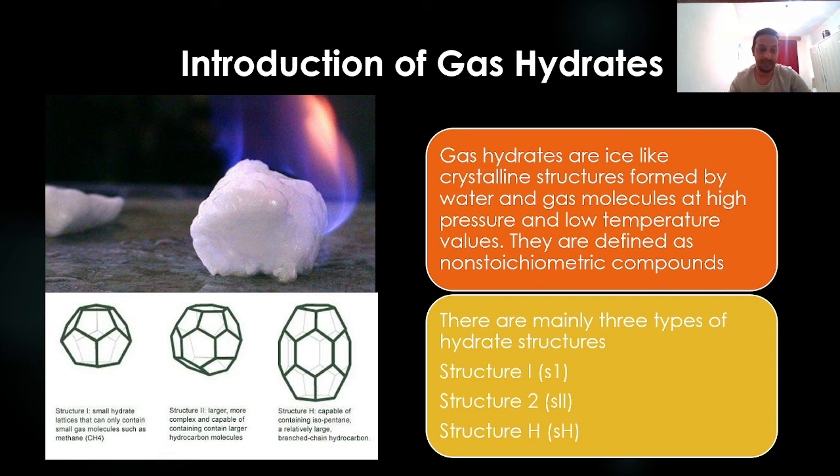And as you can see here, the structure of the three types of gas hydrate have different shapes, and they are explaining their chemical structure.